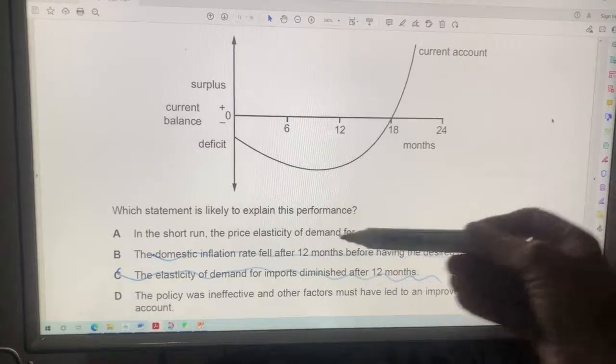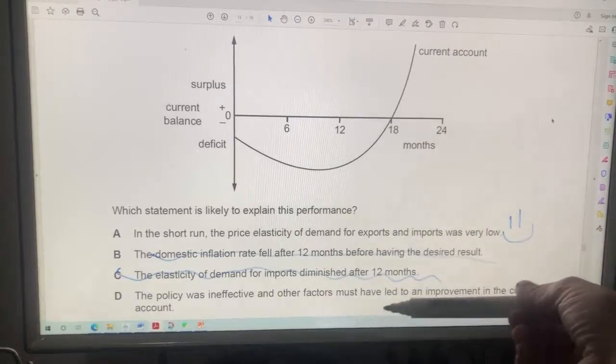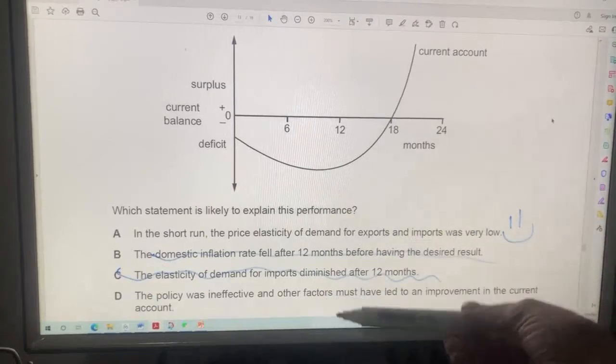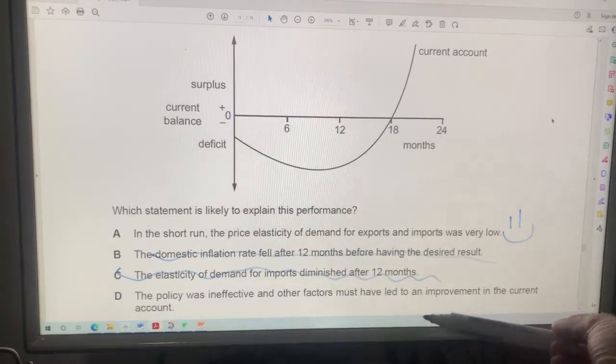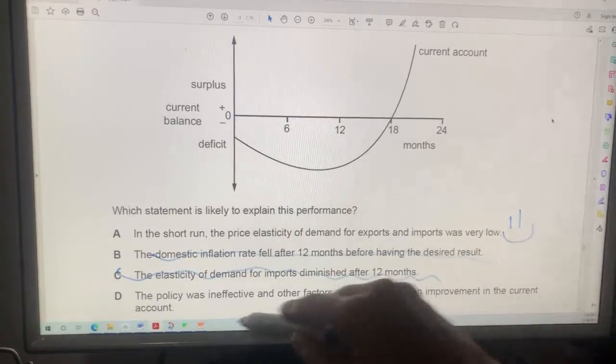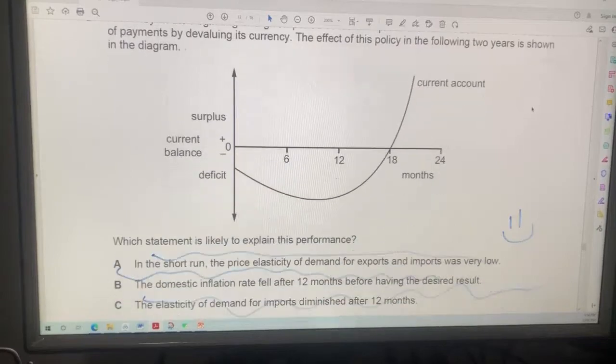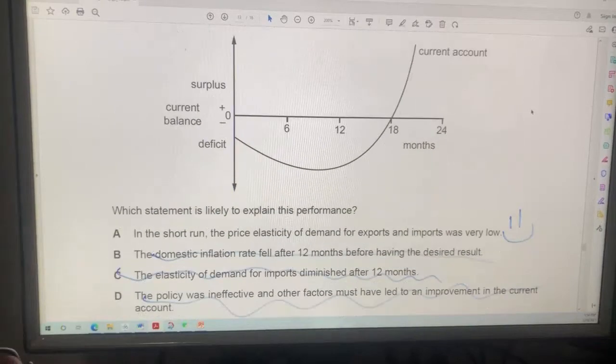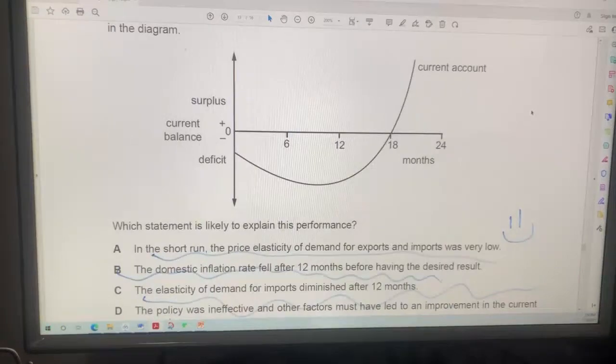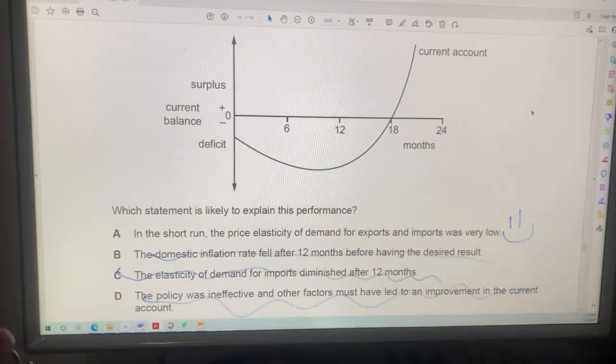So, gosh, A is looking very good. D says the policy was ineffective and other factors must have led to an improvement in the current account. No, that's not true. So this is basically a statement of the J curve and the Marshall-Lerner effect. The answer for 29 must be, I must line it up, right? Must be A.